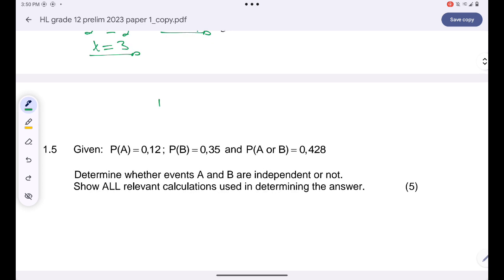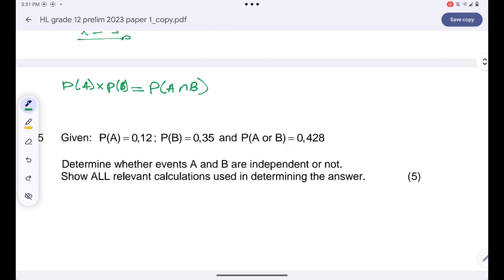If the events A and B are independent, it simply means that the probability of A multiplied by the probability of B will be equal to the probability of A and B. Are you together? Okay, firstly, let's find the probability of A and B.